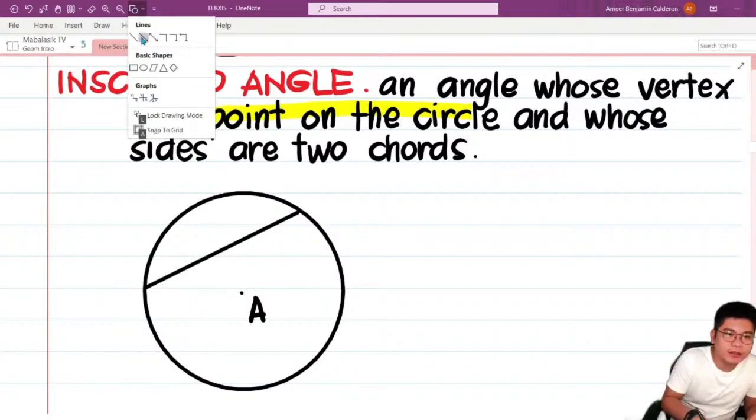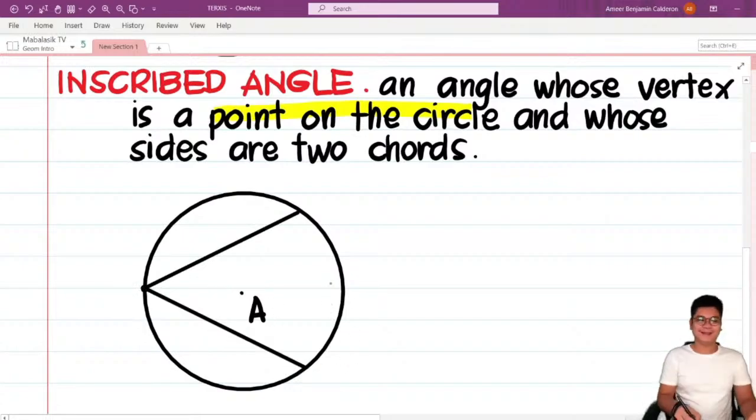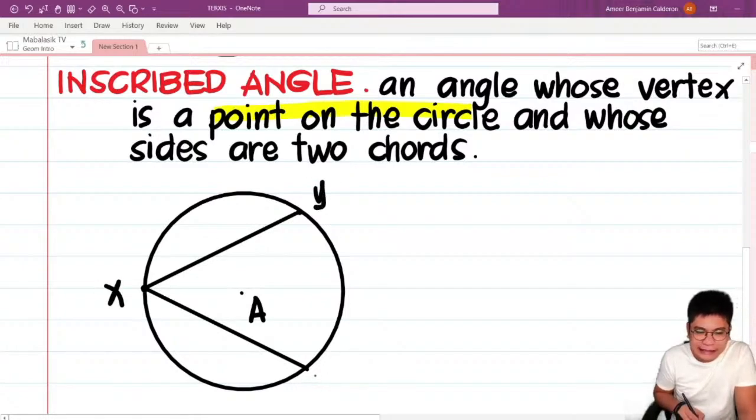And then let's draw another chord using the same point as our first endpoint. So, yan. Better. So, we have here an inscribed angle. So, for example, this is X, this is Y, and this is Z. Then our inscribed angle is angle YXZ.